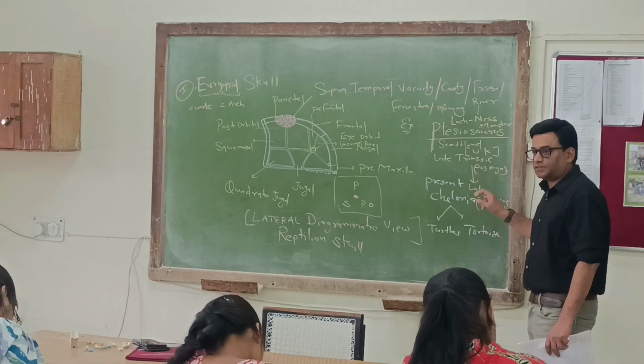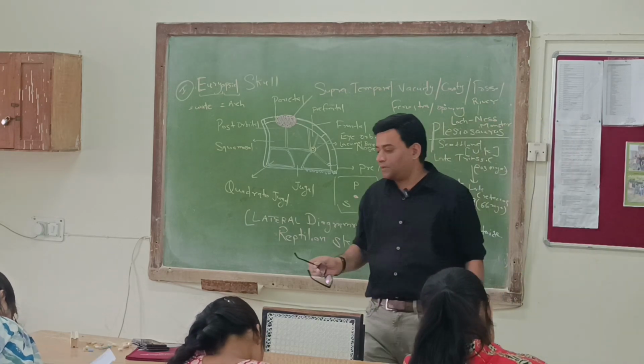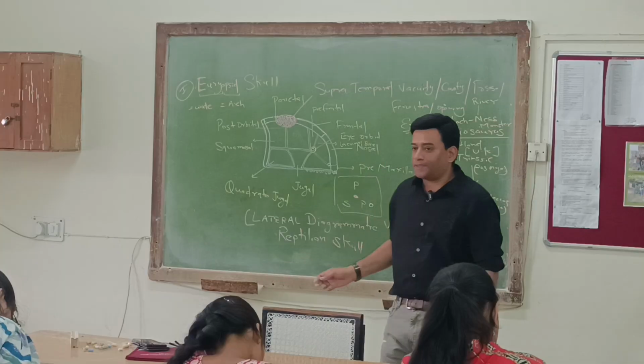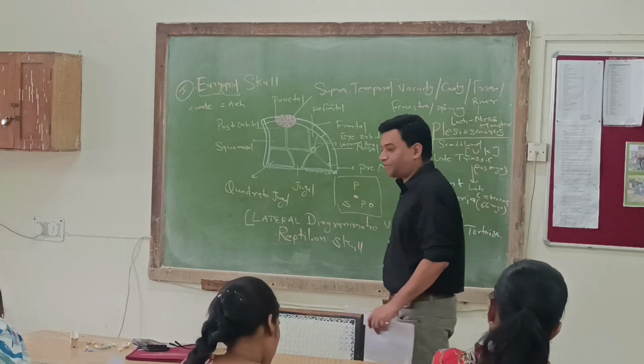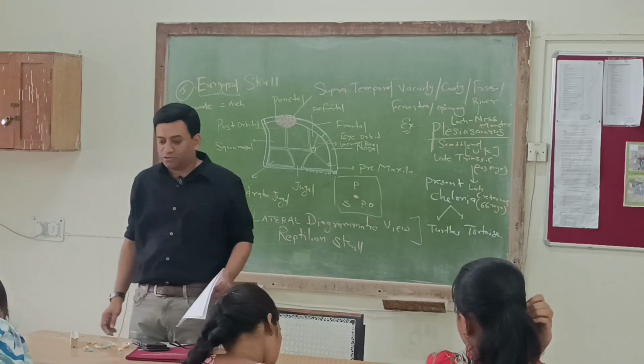This is not a dinosaur, this is actually an aquatic reptile, but it was as huge as the dinosaurs were. So this is also called the Loch Ness monster, one of the mysteries of the biological world.